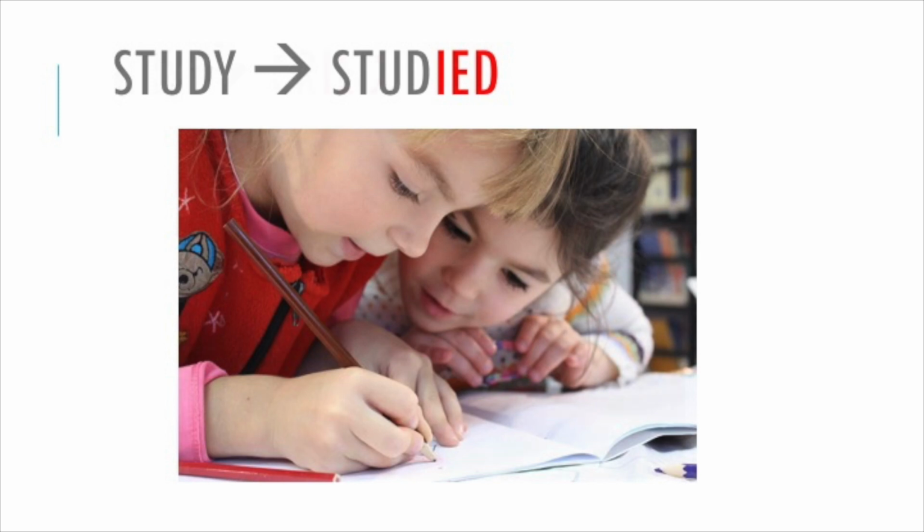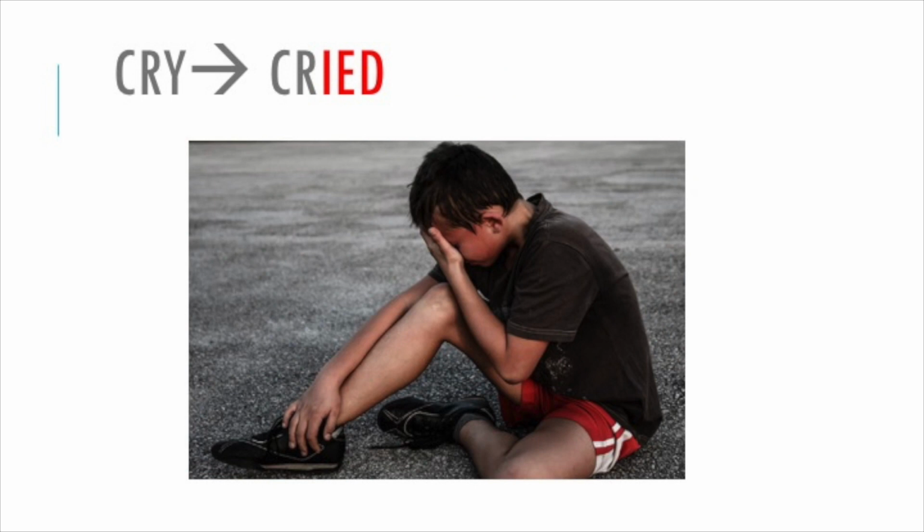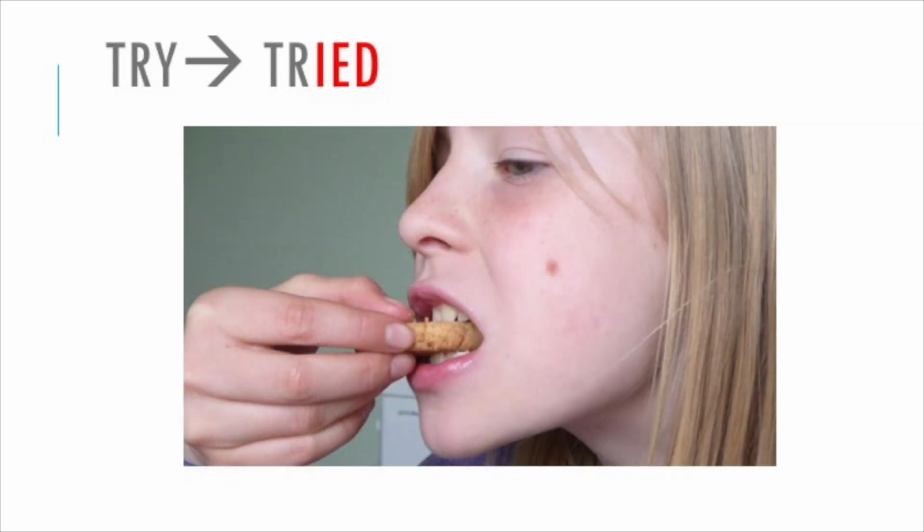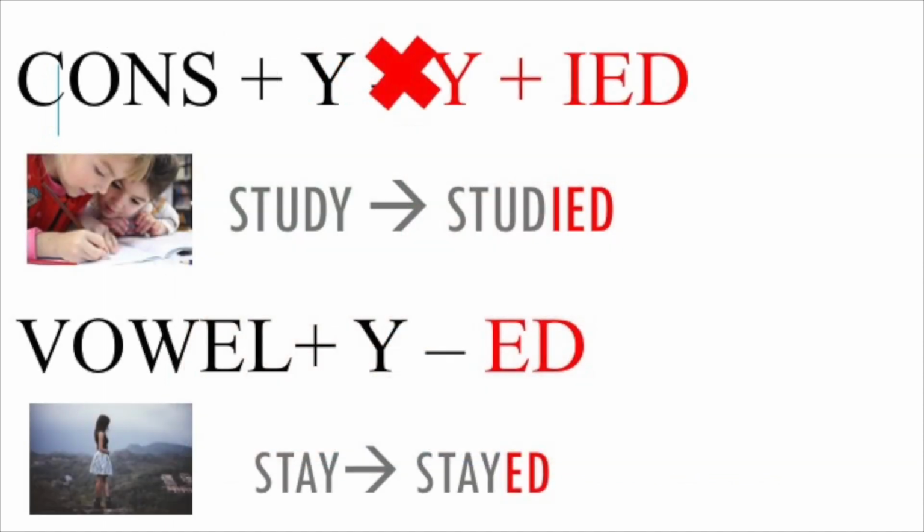Study, studied. Cry, cried. Try, tried. You see the two ways of doing it here. But notice, if it's a vowel before the Y, we keep the Y. What are our five vowels, guys?